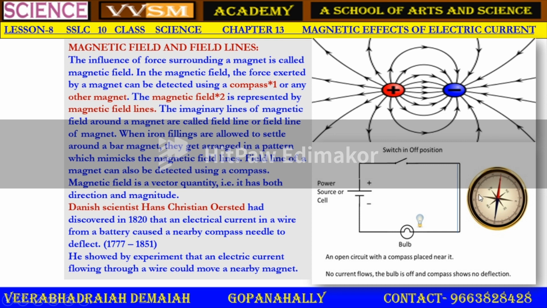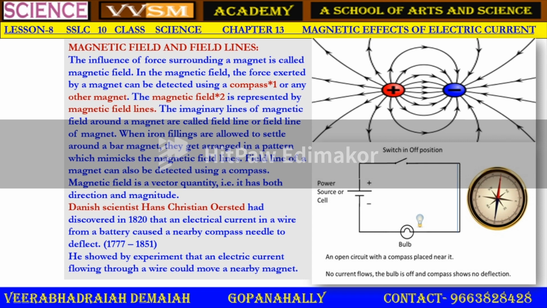A magnetic field exists in the region surrounding a magnet in which the force of the magnet can be detected. Wherever the magnet is, around it the magnetic field is established.